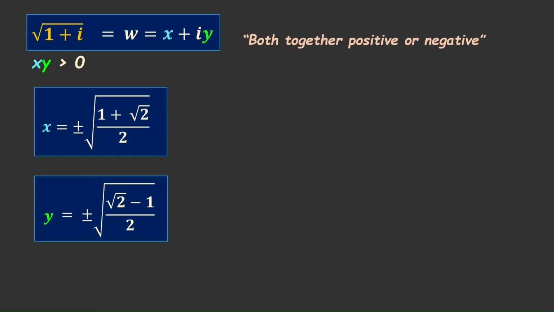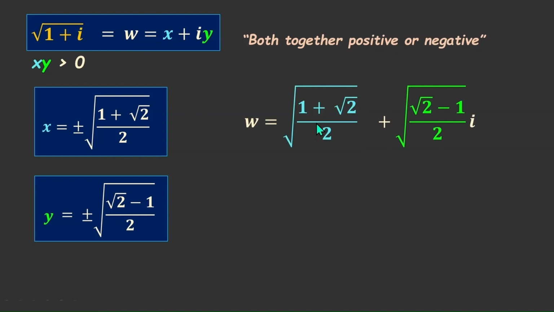So now the two roots that we get would be one considering both of them as positive and one considering both of them as negative. So our w, which is the square root, would be root of (1 plus root 2) divided by 2, plus root of (root 2 minus 1) divided by 2 i, because this is y and this is x.